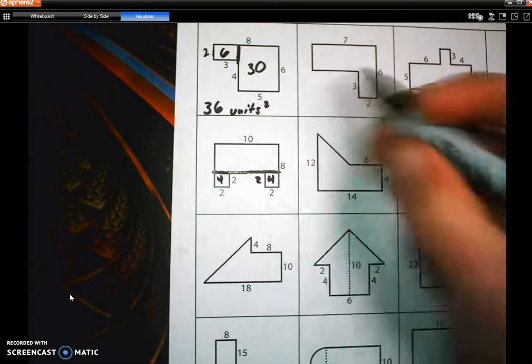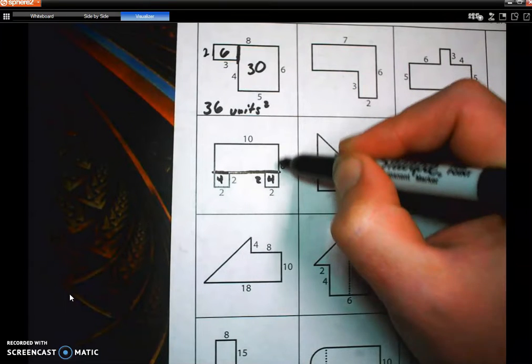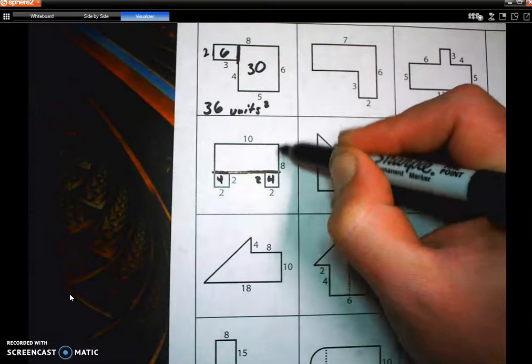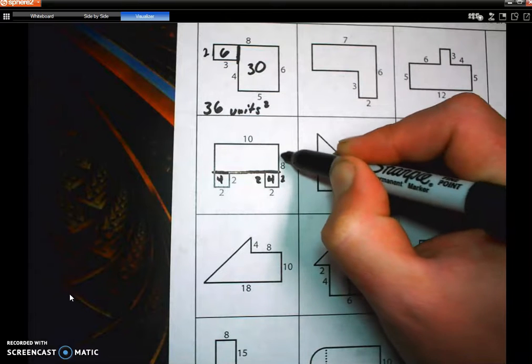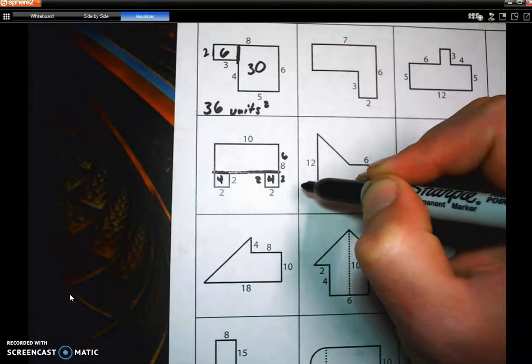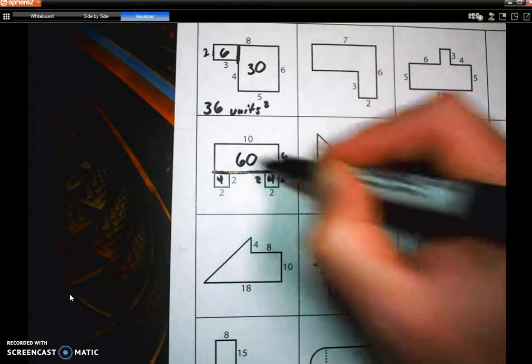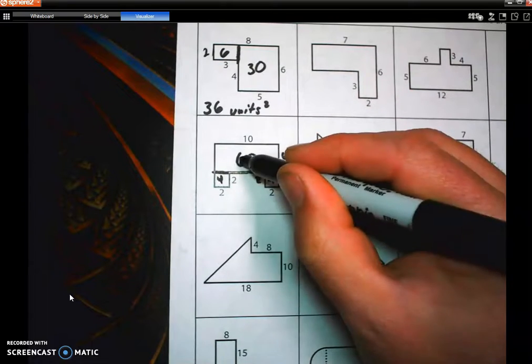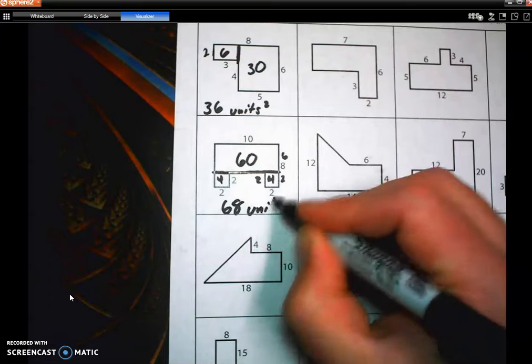And then this is 10 by 8 altogether, but we're not using the full 8. We're using right to there. We know this is 2, so 2 and 6 make 8. So this is actually a 10 by 6, which is 60. And now I add them up. 60 plus 4 plus 4 is 68 units squared.